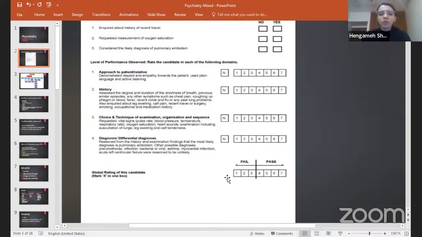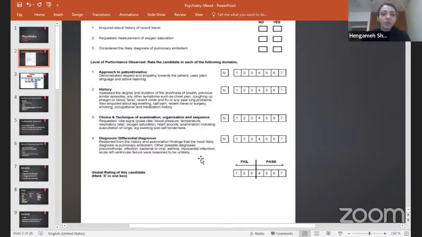So many people might think that the global score is the mean average of each of these domains, but actually it isn't. And again, no one knows, because going through feedbacks, you will come across cases or candidates that have got a 7, a 4, and a 3, but still fail a case.